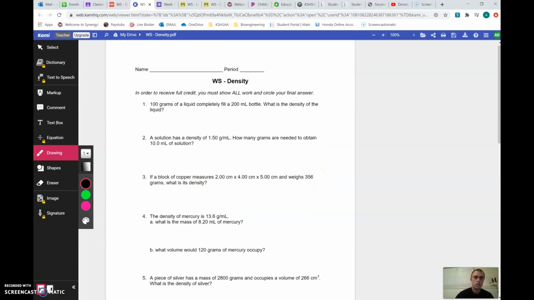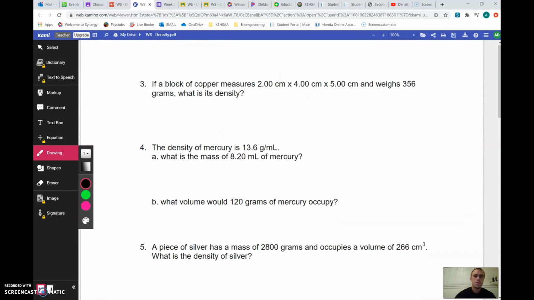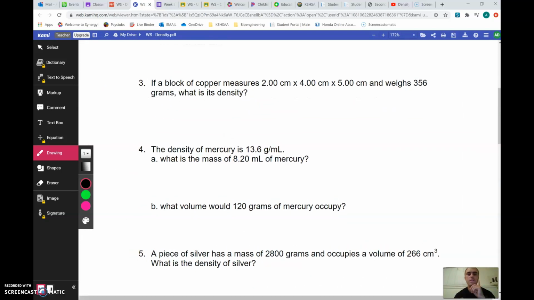Okay, so we're going to look at number 3 here. We have a block of copper. This block of copper measures 2 centimeters by 4 centimeters by 5 centimeters. So it's not a cube, it's more of a rectangular shape, and it weighs 356 grams. What is its density?